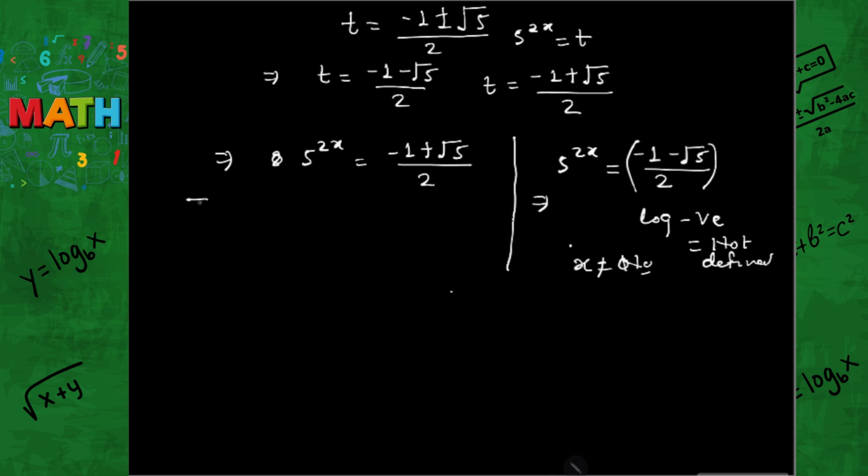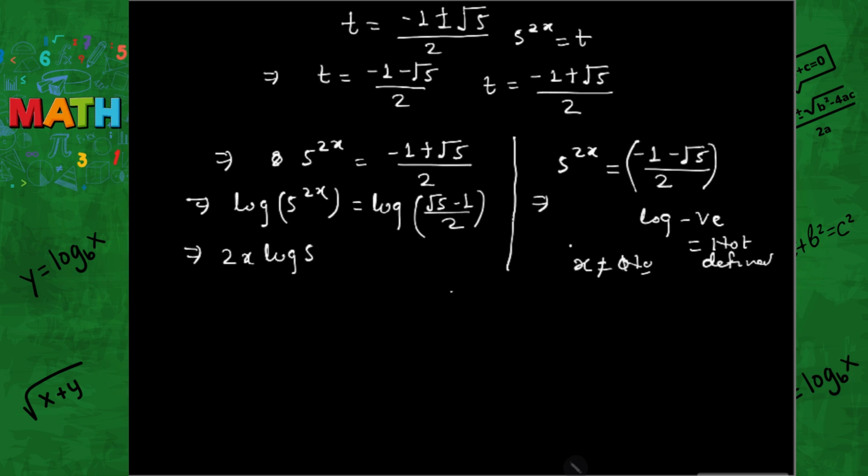Now if you solve this one, we are going to take a log on both the sides. So log 5 to the power 2x is equal to log of under root 5 minus 1 divided by 2. So 2x log 5 is equal to log of under root 5 minus 1 divided by 2.